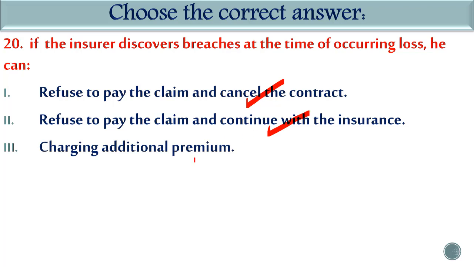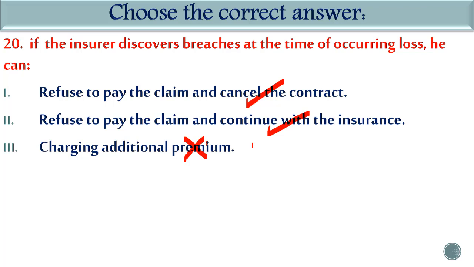Charging additional premium? No, it is one of the cases of discovering breaches before occurring loss. So the other cases if the insurer discovers breaches at the time of occurring loss are: refuse to pay the claim and cancel the contract, or refuse to pay the claim and continue with the insurance.